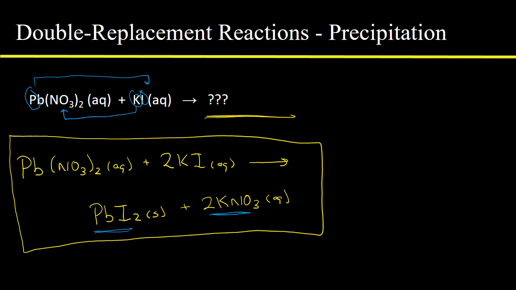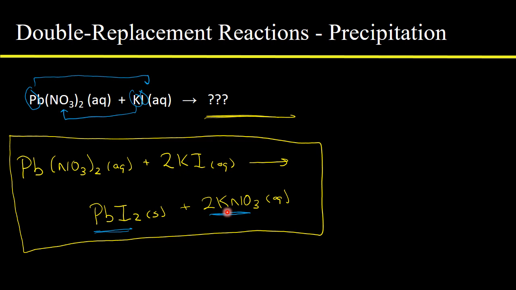Lead has a 2+ charge here, and iodide has a 1- charge. So the formula is PbI2. Potassium and nitrate are +1 and -1, so the formula is just KNO3. And then to balance them, because I had 2 leads and 2 nitrates, I had to put a 2 here in the balanced equation.